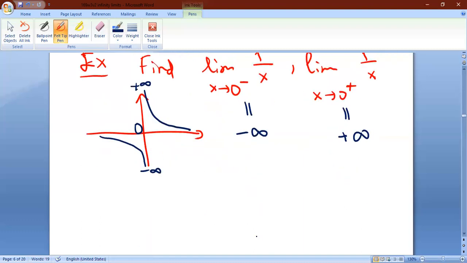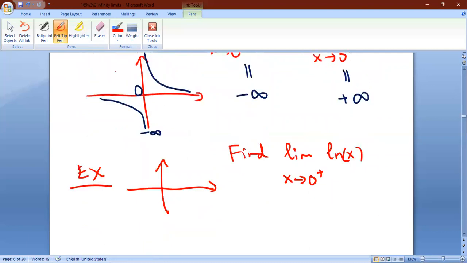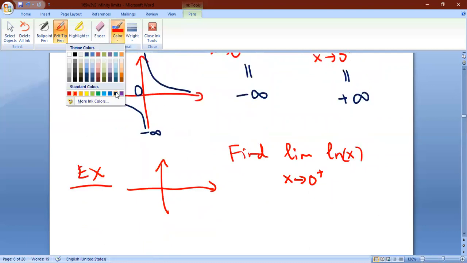Okay, another example, let's say find the limit as x goes to 0 from the right of ln of x. Now, for this one, let's remember the graph of the natural log function.